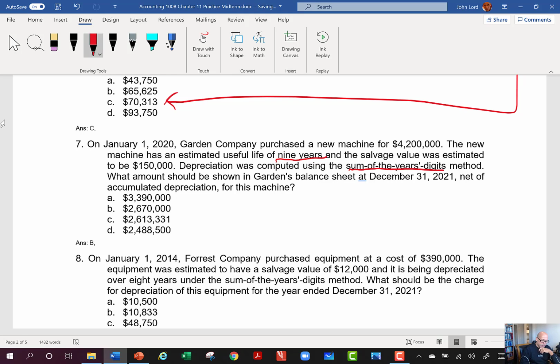Now I'm just going to remind you, remember the exams are going to be open book, so you could use the formula of n. If it's a shorter life, it's easy enough: 1 plus 2 plus 3 on the calculator.